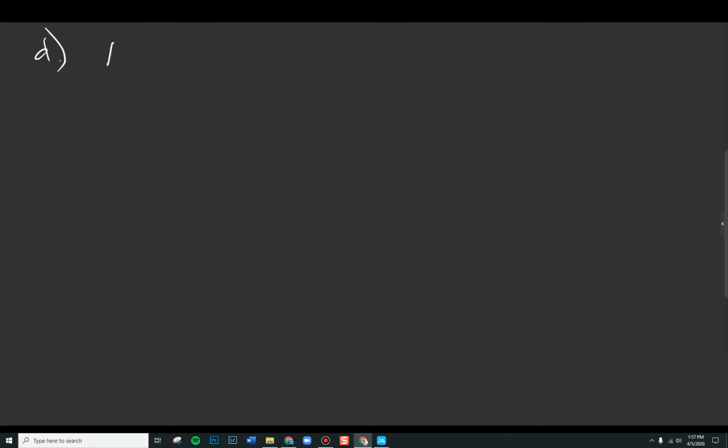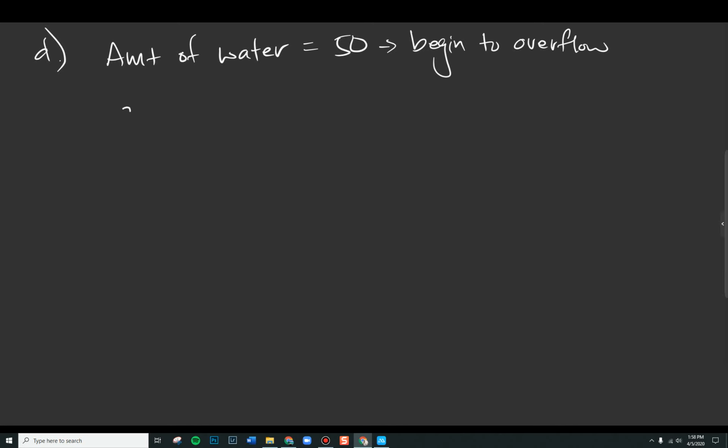Okay, so one more time. When the amount of water equals 50, that's when it may begin to overflow. Okay, and so back onto letter C, the amount of water is simply 30, remember, the initial amount of water in the pipe when time started, plus my integration from 0, and they're looking for a new letter that gives a time w for the pipe.